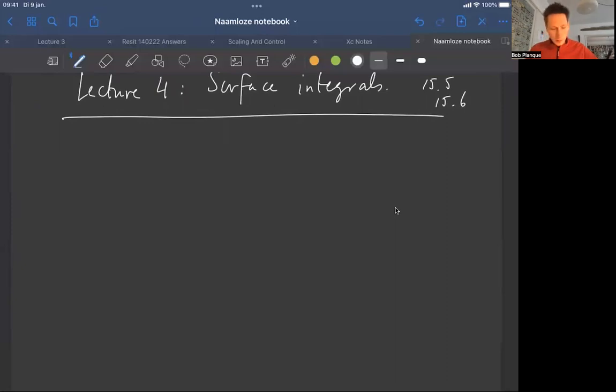The situation we have is first of all that we have what are called parametric surfaces. I'm going to do this in R3.